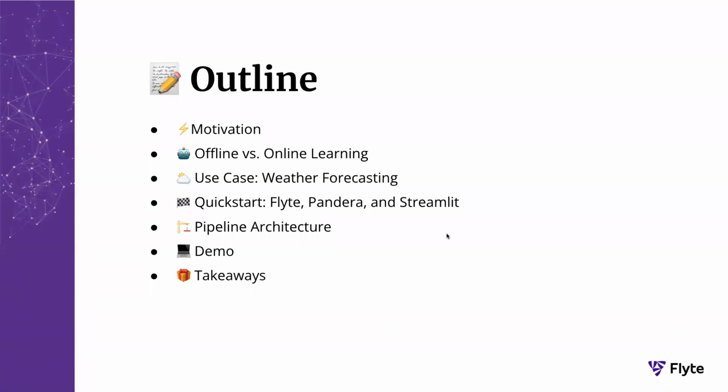And then after that, I'll do a quick start of Flyte, Pandera, and Streamlit, all of which are the different projects, the different components that I'll be putting together for this particular machine learning system. Dive into the pipeline architecture of the online learning system, show you a little demo of what it looks like in the end, and then give you some takeaways.